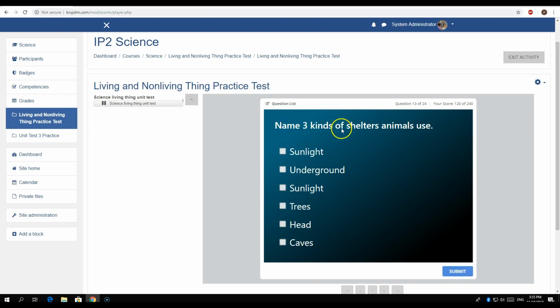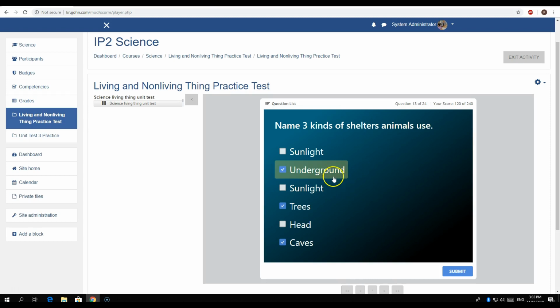Name 3 kinds of shelters animals use. Well, they use trees, they use caves, and they go underground.